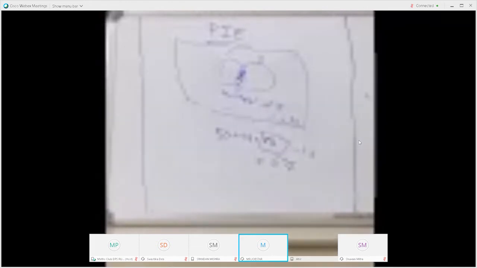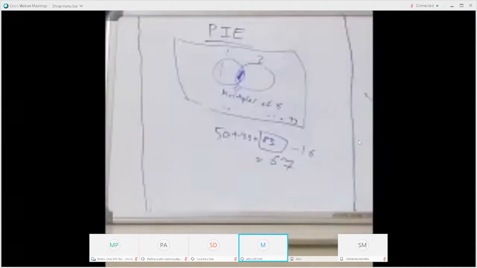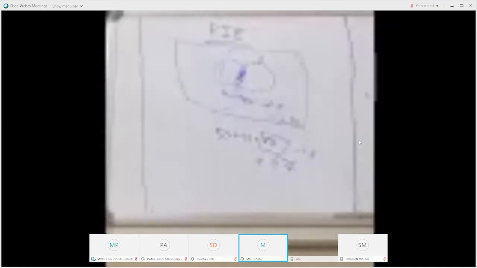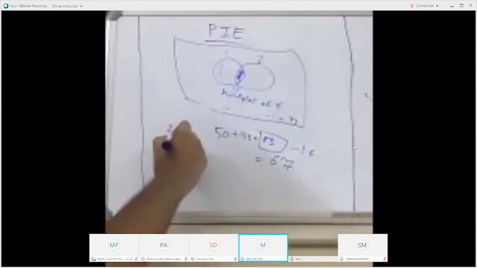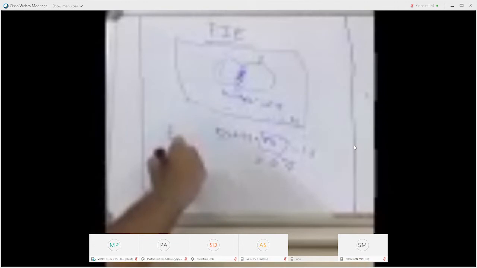Is this clear? Why did we subtract 16? We subtracted 16 because, see, we counted the multiples of 6 twice, right? We counted them when we considered the set of all multiples of 2. Okay, so let me draw it like this. So we have multiples of 2 over here. So these are 2, 4, 6, 8, 10, 12.